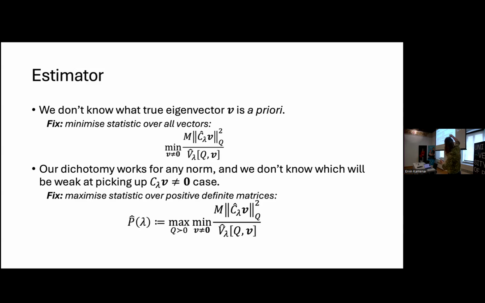Basically, the rate of growth will be as big as it possibly can, while if I am truly at an eigenvector, this will stay of order 1. Okay, so this is the test statistic that I'm going to use.